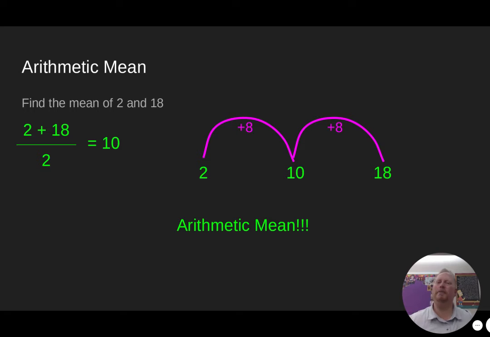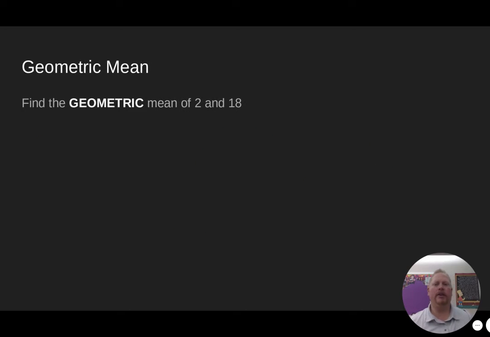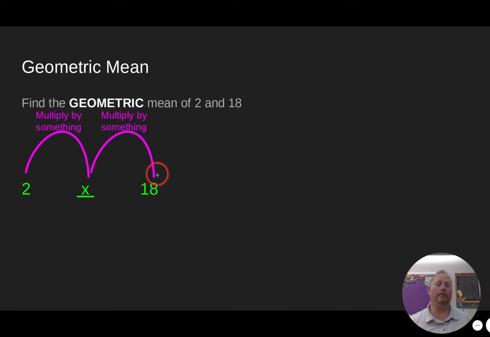We're talking about the geometric mean, which is slightly different. So if I said find the geometric mean between 2 and 18, what I'm asking you to find is, okay, if I've got 2 and 18, what number in the middle could I find where I multiply by something to get x, and then multiply by the exact same thing to get 18?